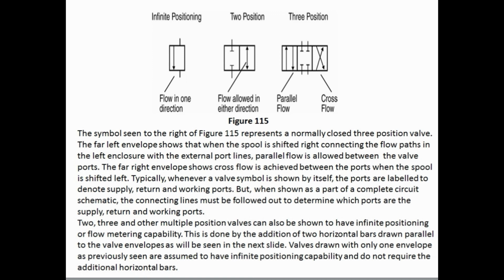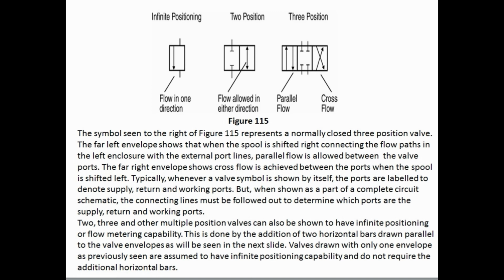Typically, whenever a valve symbol is shown by itself, the ports are labeled to denote supply, return, and working ports. But when shown as a part of a complete circuit schematic, the connecting lines must be followed out to determine which ports are the supply, return, and working ports.